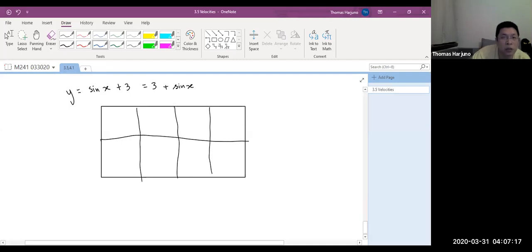Then the graph will still look the same. This is the graph of sine x: this is 0, this is pi over 2, this is pi, this is 3 pi over 2, and this is 2 pi. What changed is that the 0, 1, and -1 don't work anymore because we add 3. If I add 3, it becomes 4. If I add 3, it becomes 3. If I add 3, it becomes 2.